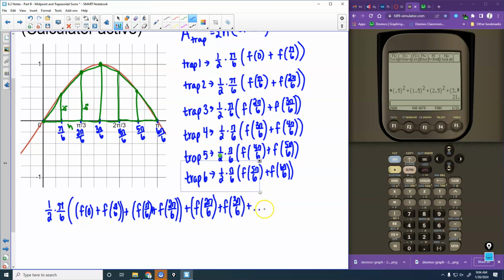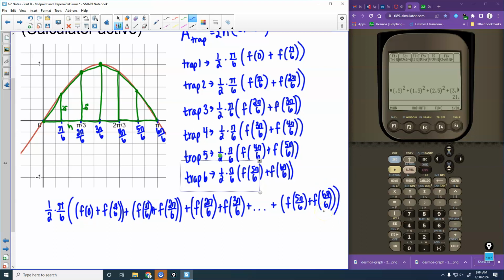Now, I'm going to dot this. My last one would be f of 5 pi over 6 plus f of 6 pi over 6.